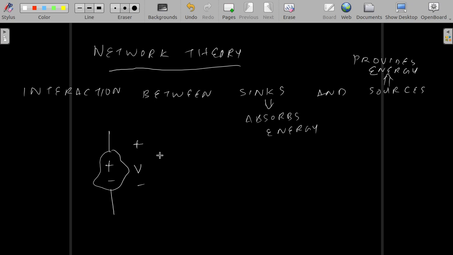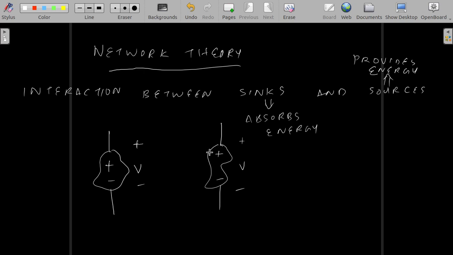I am assuming that you are familiar with at least this basic notation. Now I am again drawing something similar to this, using a similar notation. Here again this point is at a higher potential compared to this point.